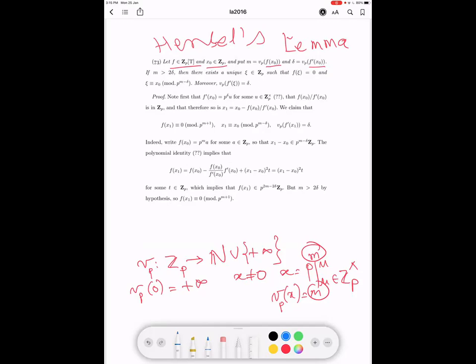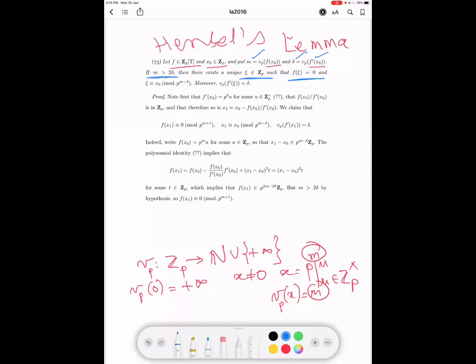So I'm taking m and delta to be the p-adic valuations of f of x naught and f prime of x naught, right? And here is the hypothesis that m is strictly greater than 2 delta. If this holds, then there exists a psi in Zp such that f of psi is 0.